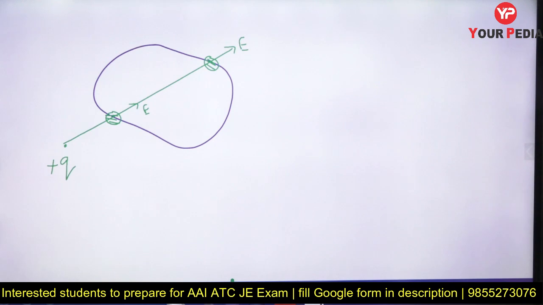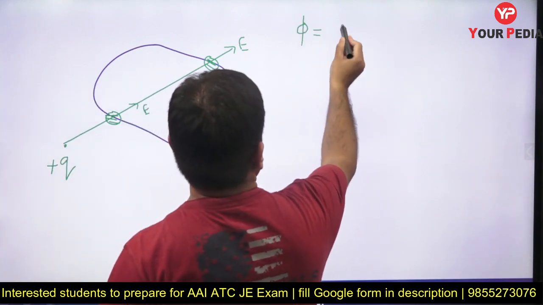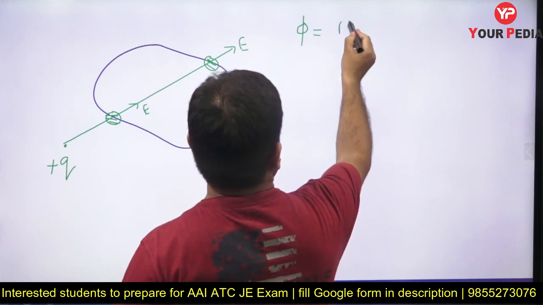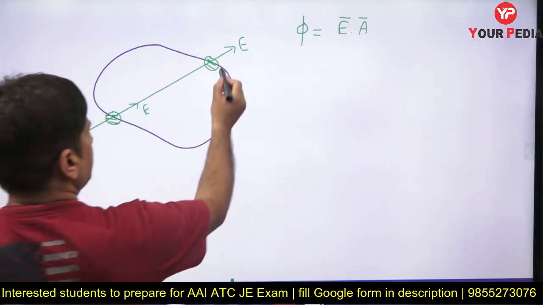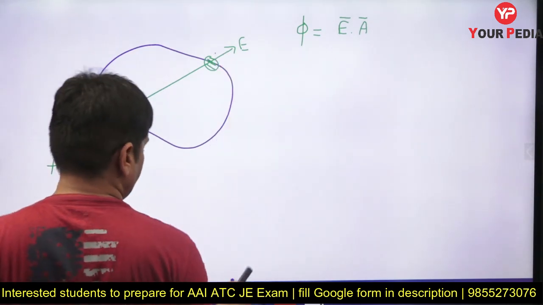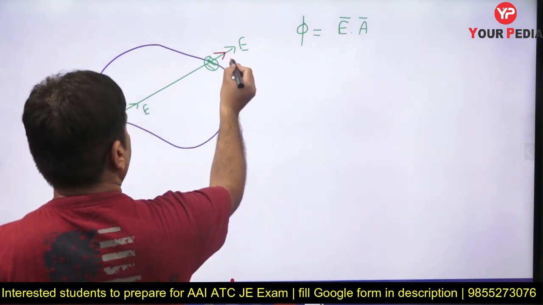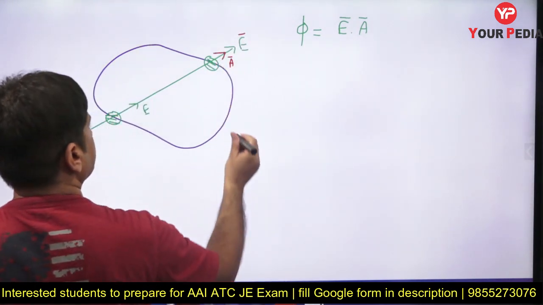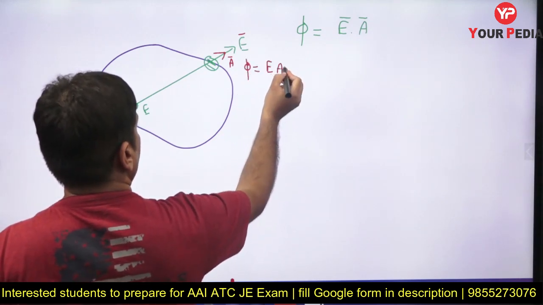What is the total electric flux? Now the definition of electric flux we know is E dot A, dot product. When you calculate E dot A, see this carefully. Here the direction of your area, if I take the area with this color, the direction of area and electric field is the same. That means phi here will be E A cos 0.